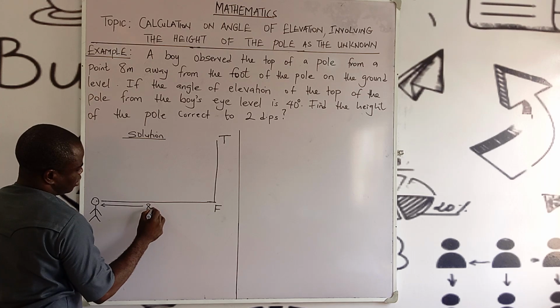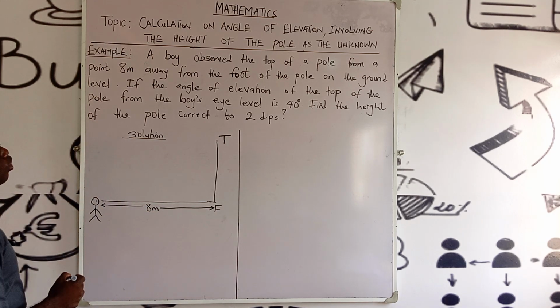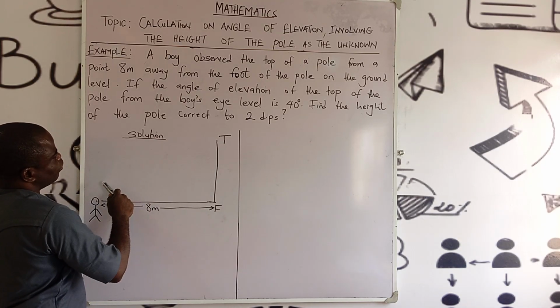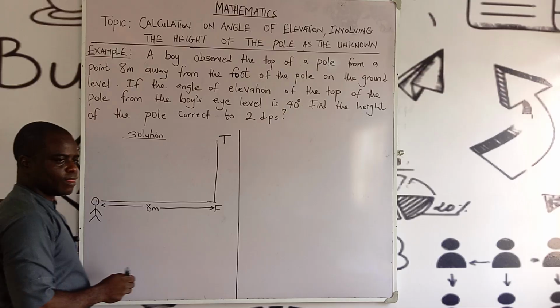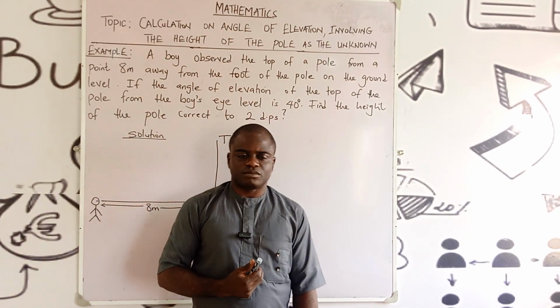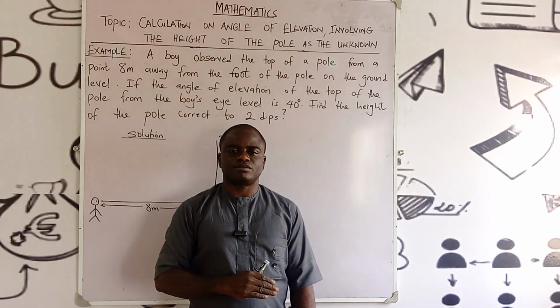That's 8 meters. If the angle of elevation of the top of the pole from the boy's eye level is 40 degrees. When you are carrying out the angle of elevation, the normal eyesight will be at horizontal level.